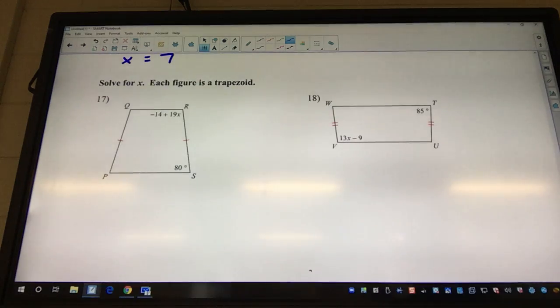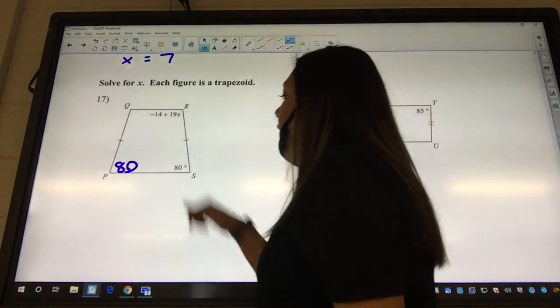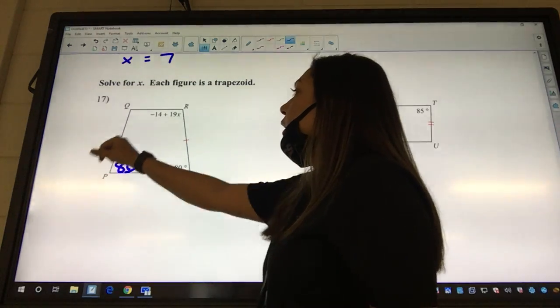So these are trapezoids. Okay, and so trapezoids, you can kind of look and tell what's going on here. So if we know one of the angles is 80, where is the other 80? What angle is 80? Okay, you can kind of see that they look alike.